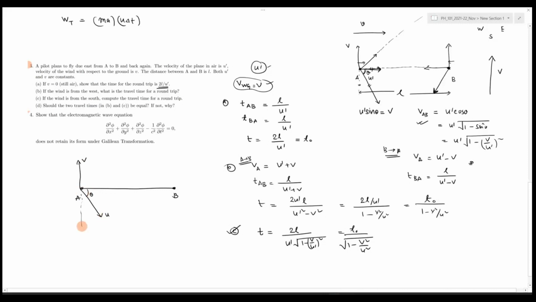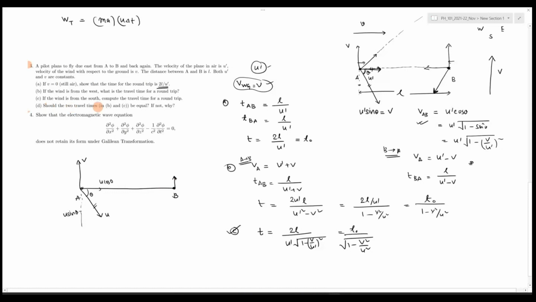So the component of velocity along this direction will become u sine theta, and along this direction u cos theta. If there is a misbalance in the y direction, there will be some resultant in the y direction, and there will be some additional displacement along the y direction if there is a mismatch between v and u sine theta. So if they are equal, then this displacement will be zero. Got it. Thanks.